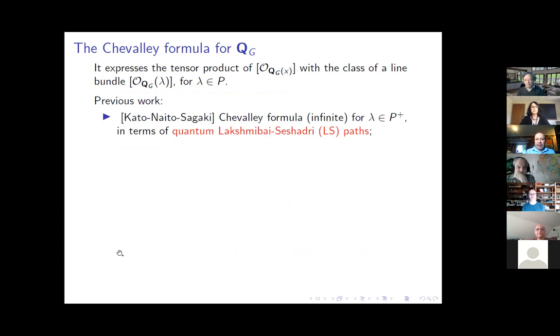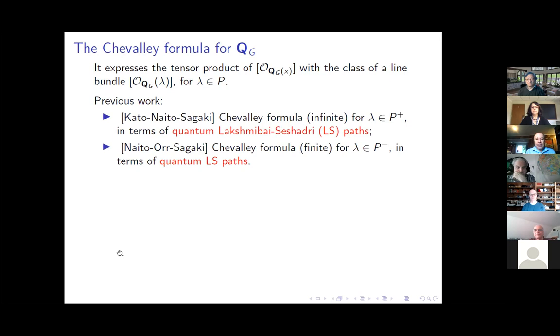Kato, Naito, Sagaki gave such a formula, which is infinite for dominant weights lambda, in terms of objects that are closely related to the quantum Alcove model called quantum Lakshmibai-Seshadri paths. This also came up in previous work of mine with Naito, Sagaki, Schilling, and Mark Shimozono in representation theory.